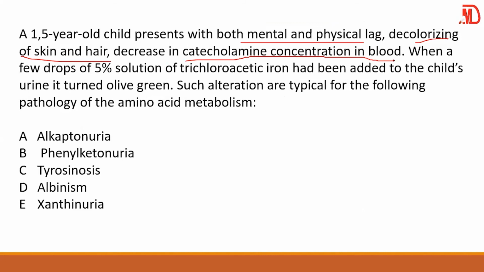And when a few drops of 5% solution of trichloroacetic acid were added, the child's urine turned olive green. Such alterations are typical for the following pathology of amino acid metabolism.